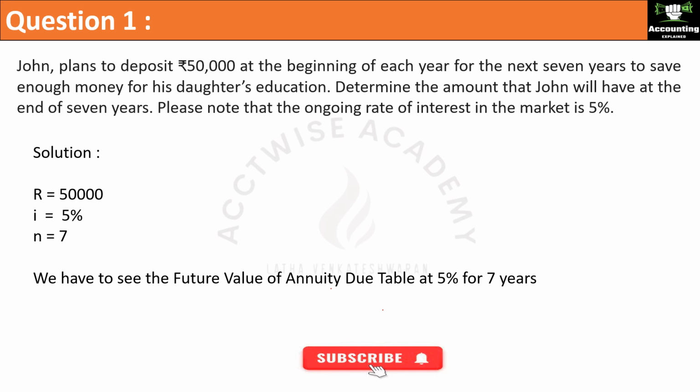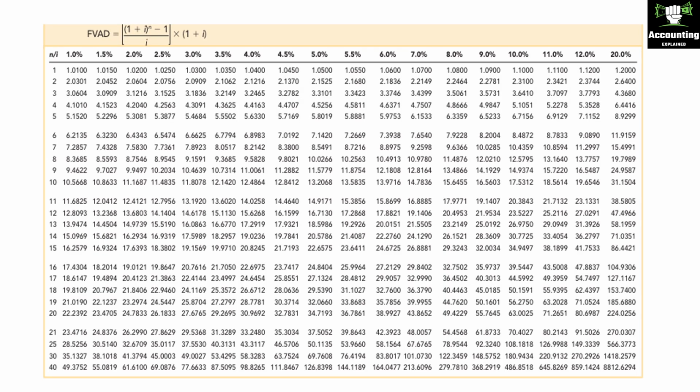We are going to solve the same problem using the future value of annuity due table. We know R is 50,000, I is equal to 5% and N is equal to 7. So we look at the table at 5% for 7 years. This is the future value of annuity due table. FAD is equal to (1 plus I) the whole power n minus 1 divided by I, into (1 plus I).